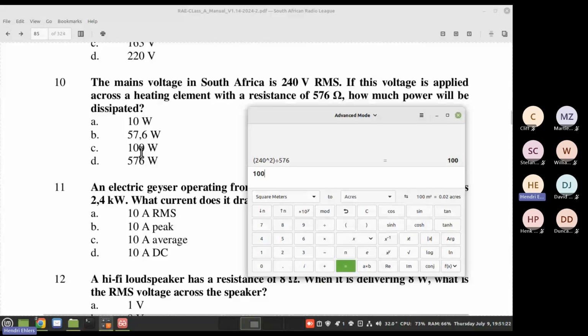So the answer there is C, 100 watts. Everybody agree with me? Yes. Okay, good.